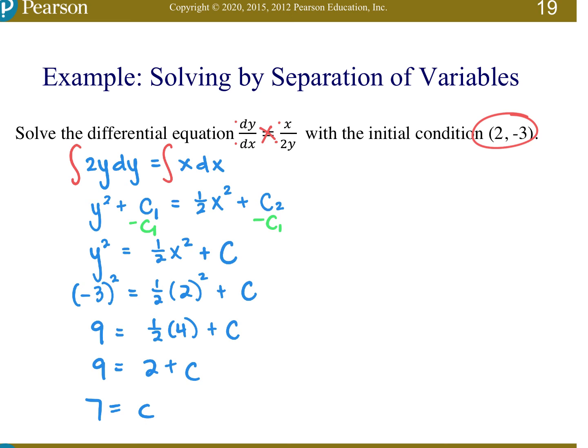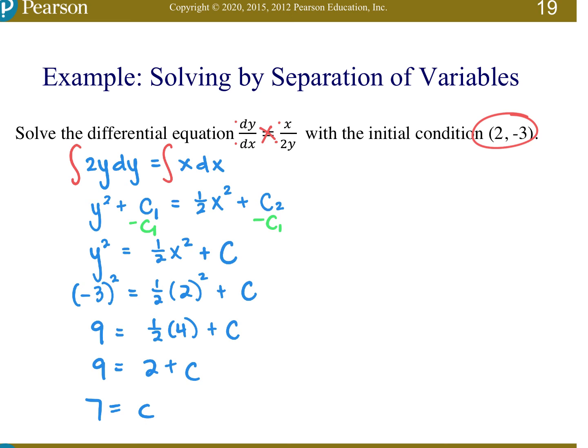So we have done S for separate, I for integrate, S for solve for c, and I for the initial condition. And now we're ready for our last S, which is solve for y.